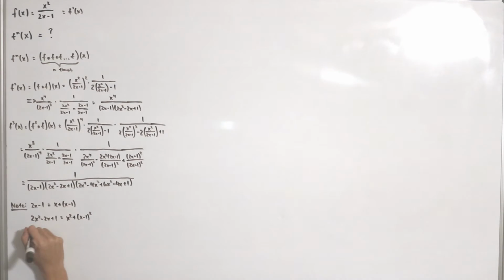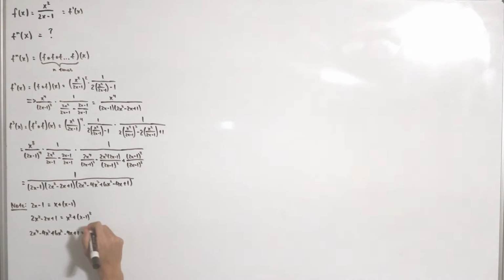And then 2x^4 minus 4x cubed plus 6x squared minus 4x plus 1 is equal to x to the 4th, then plus x minus 1 to the 4th as well.